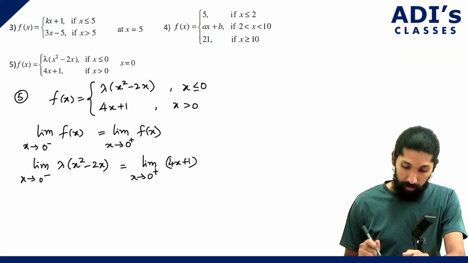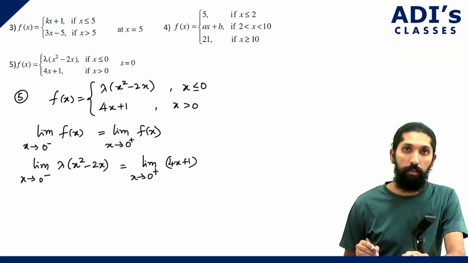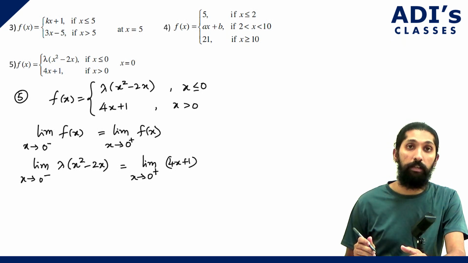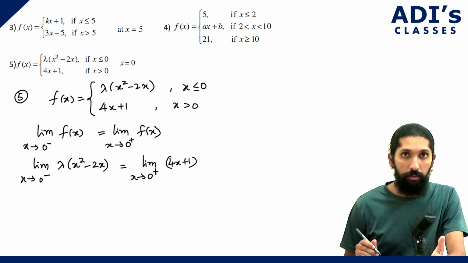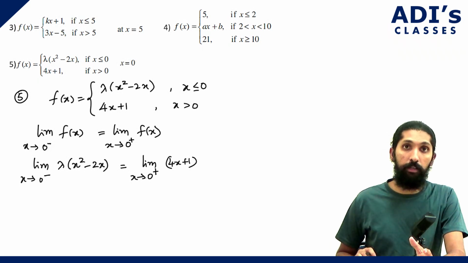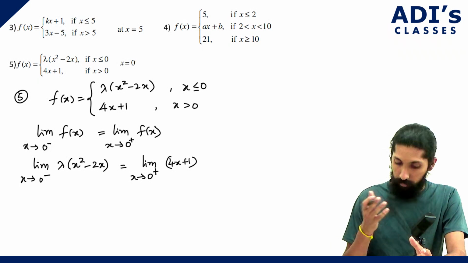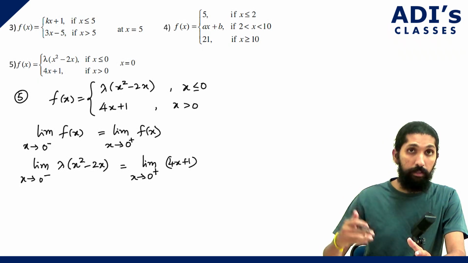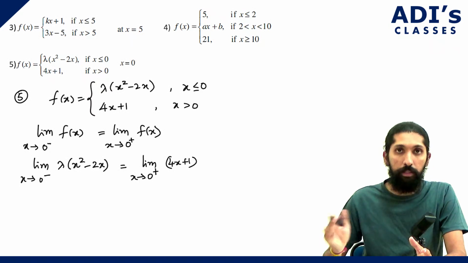So lambda into 0 is equal to 1. So lambda into 0 is 0. So can we say that 1 is equal to 0? Not true, isn't it? So directly we won't be able to solve this particular question. Now we need to look into this one in some other way.